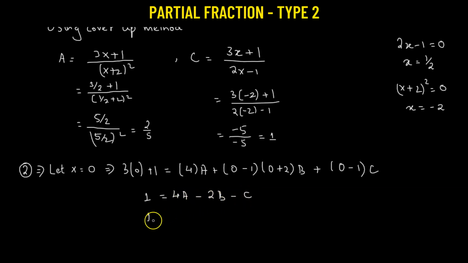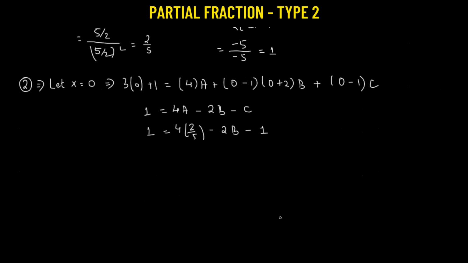So we'll substitute the values of A and C. We have already obtained those values. We have 4 multiplied by A, which is 2 over 5, minus 2B minus 1. Fine. So let's now solve this for the value of B. So 1 equals 8 over 5 minus 2B minus 1.